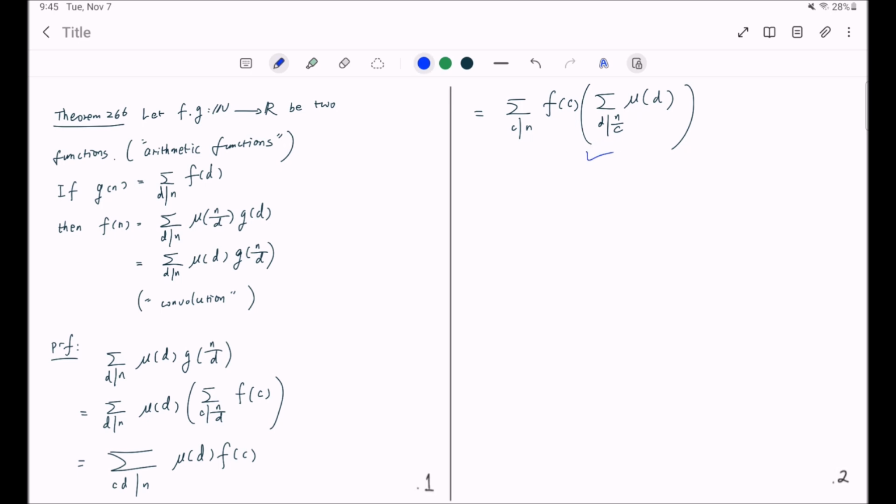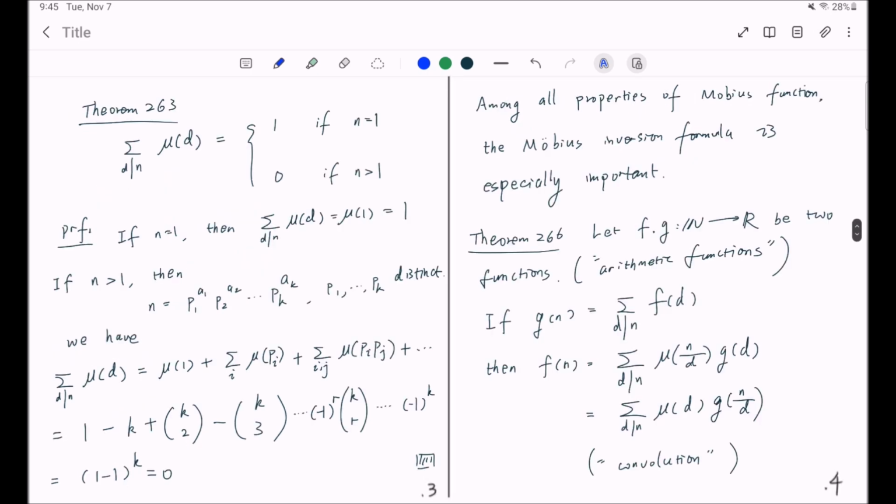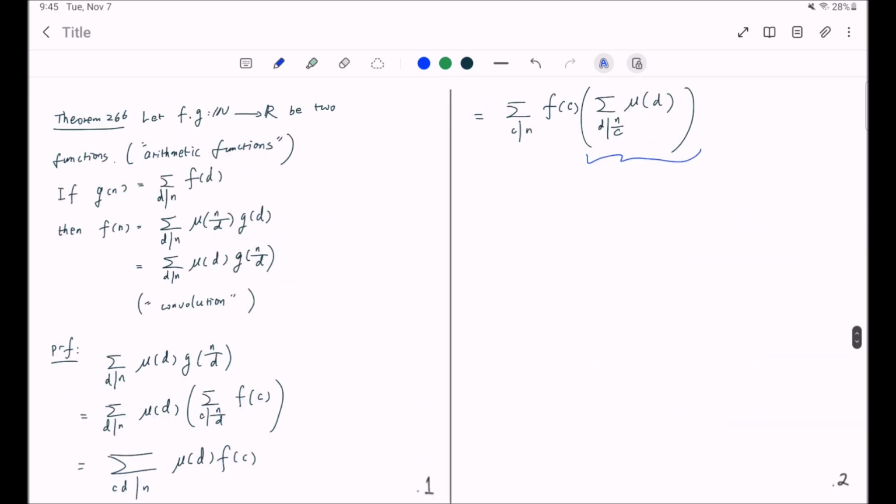But now, what is this part? What is this sum? By our previous theorem, this sum is equal to 1 if c is equal to n, and is equal to 0 if c is a divisor that is less than n, meaning n over c is at least 2.